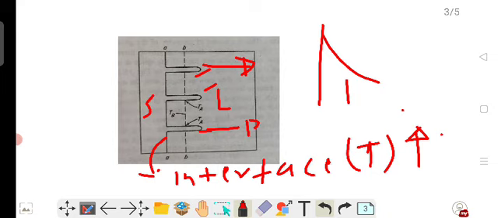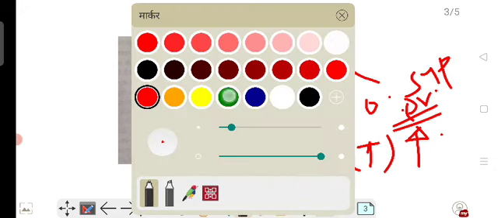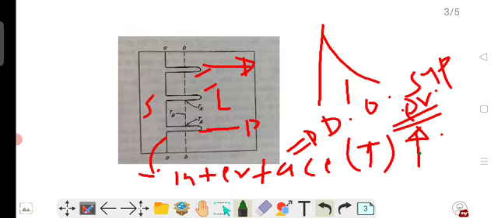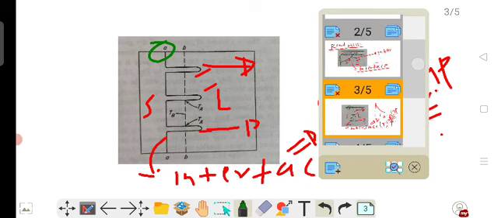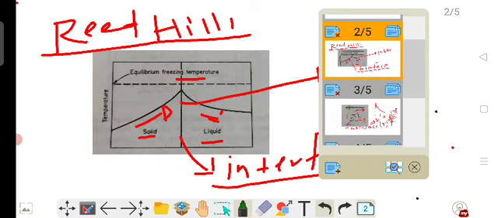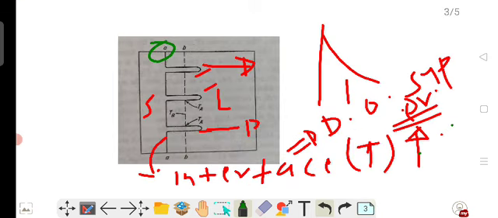Because the degree of supercooling is very small, and also at the same time this equilibrium freezing temperature is dominated.